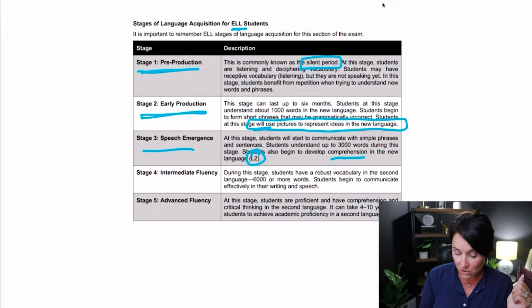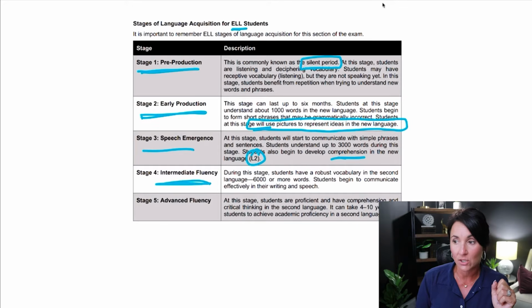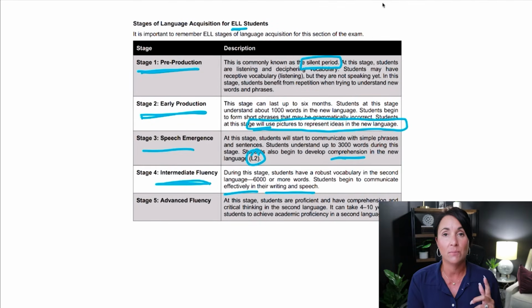Then we get into intermediate fluency. Now things are really cooking. This is stage 4. The student has a robust vocabulary in the second language, and students begin to communicate effectively in their writing and speech. Now, this is very important. While the student may be able to communicate effectively in writing or speech, timed reading tests and timed writing tests are still going to be difficult.